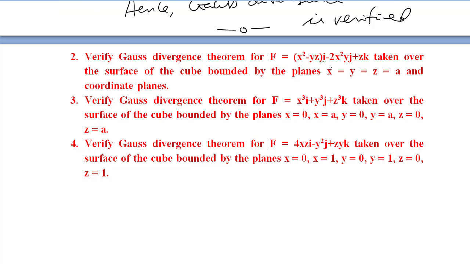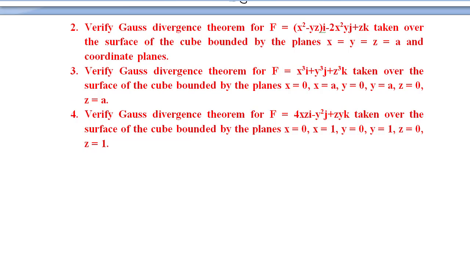Here a cube is given, with all sides equal and coordinate planes. Same procedure as our previous problem, with a equals b equals c, same diagram, same procedure, but f is totally different. The fifth question also has a totally different f, but again a cube is given, x is a, y is a, so both diagrams are the same.